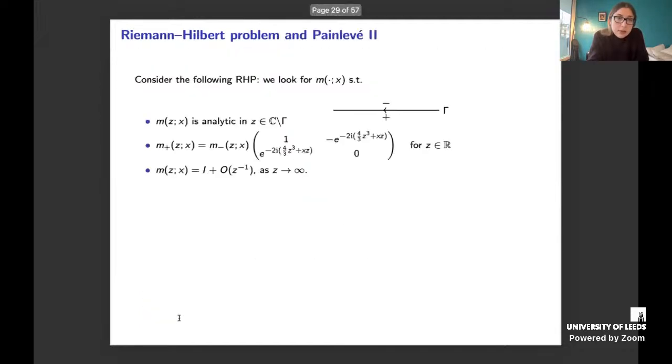Here, we will actually consider one specific Riemann-Hilbert problem, which is the following one. Gamma will be the real line oriented from plus infinity to minus infinity. This is a peculiar choice, I admit, but it is a convention.